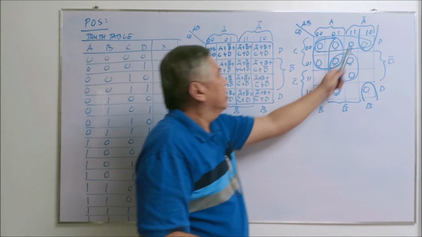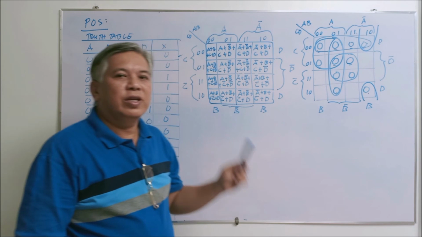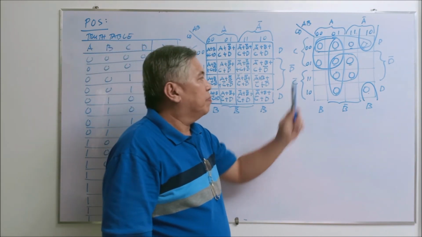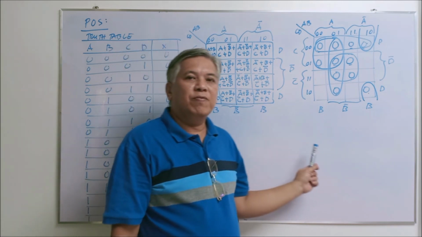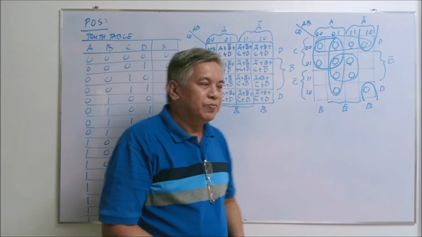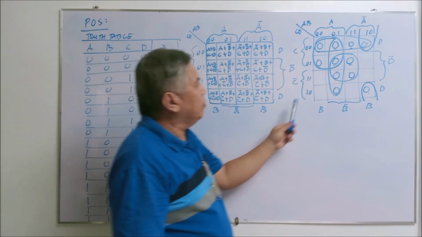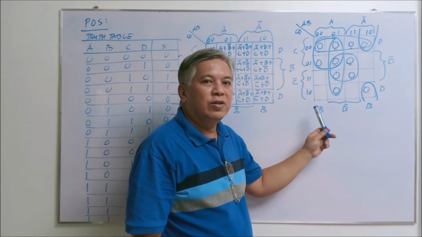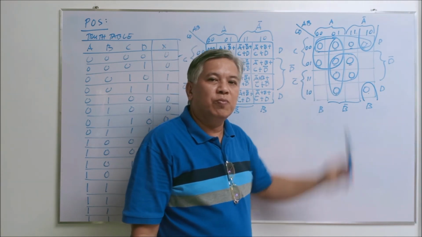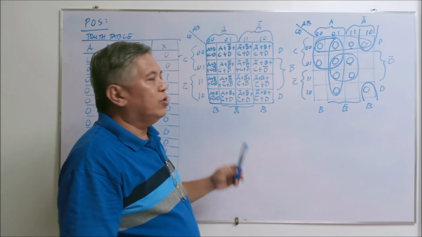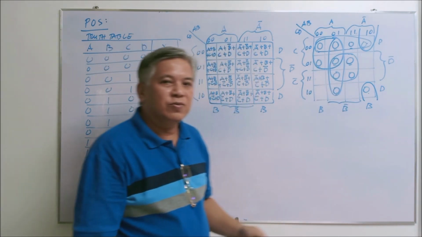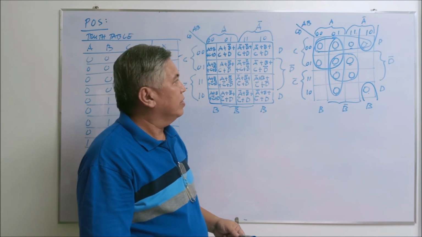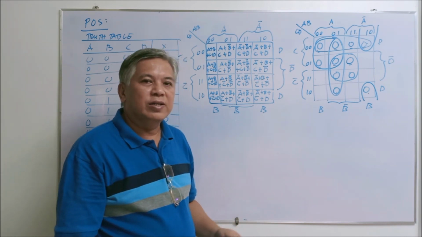Once you do that, then there is what we call a redundant variable present in your equation, and that will not be a simplified logical equation. So if all of these cells are already grouped, then no need to force to group other cells which are not needed. So just avoid that one.